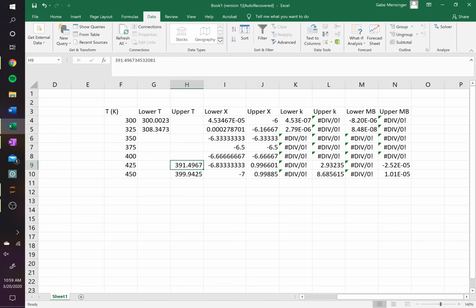And then kind of within this area here, I believe. Let me take a look. Okay, maybe not that area. More like that area. In this area, you're going to have solutions for both of them. There's going to be a conversion and a reactor temperature for both the upper and the lower.